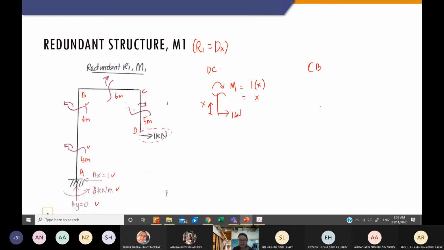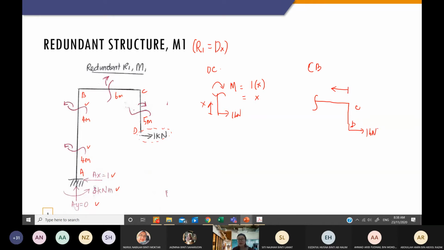Maybe you can help me as well. So now CB, I'm going to draw all my cut sections. My section DC in the cut section, correct? And I have 1 kilonewton here. And my x, remember my x is starting parallel. Sometimes in this case, students might be confused about where to get my x.